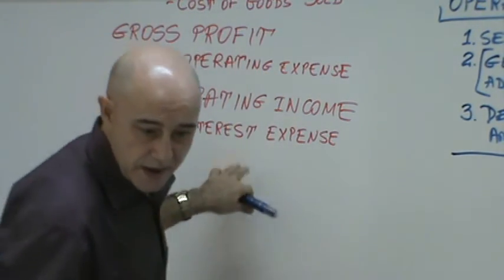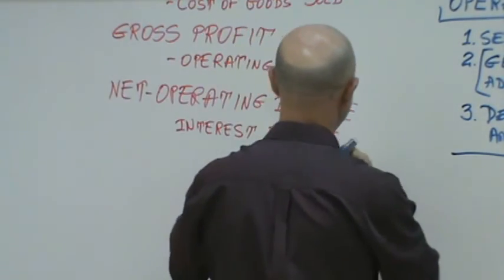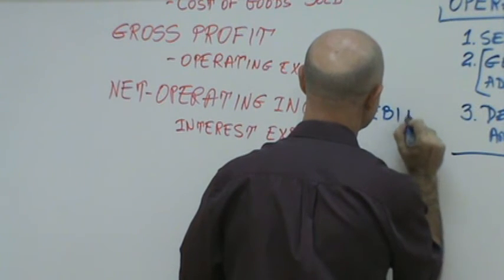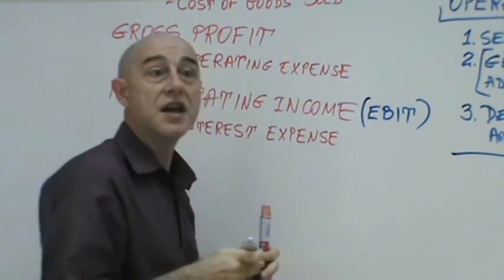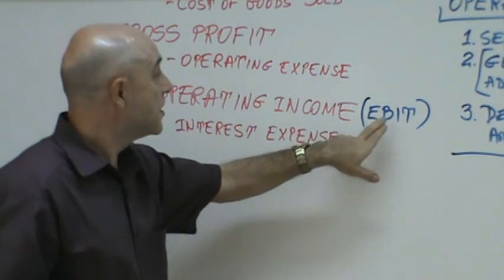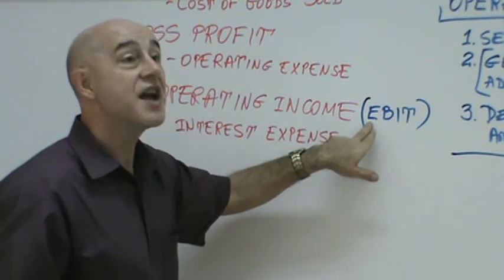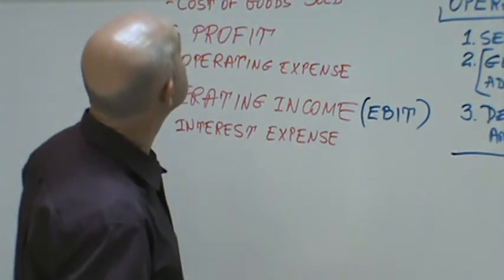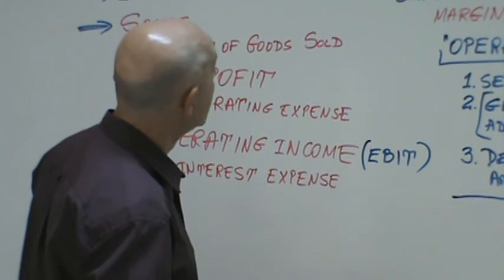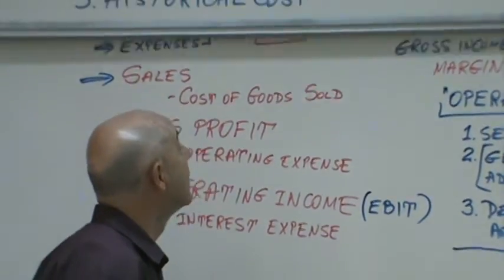Net operating income, let's write here in blue, is sometimes known as EBIT. This is earnings before interest and taxes. When I say earnings, let me see where I write profit. Okay, so back here, guys, pay attention now.